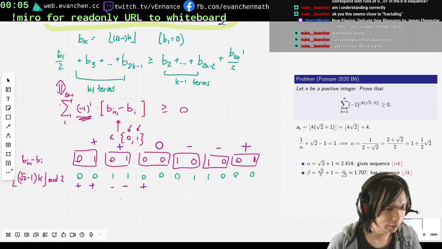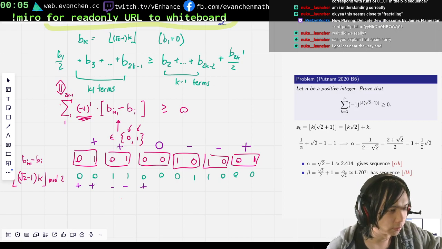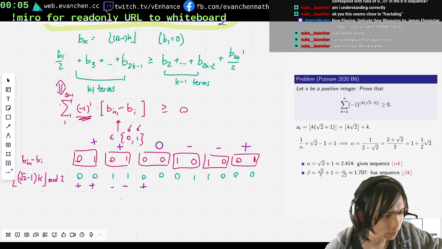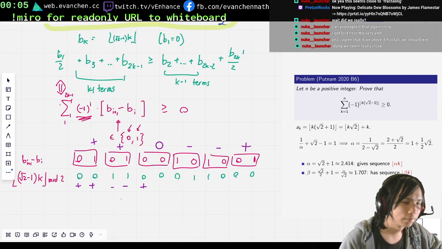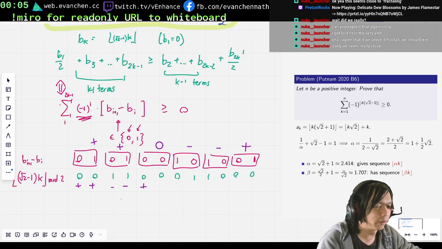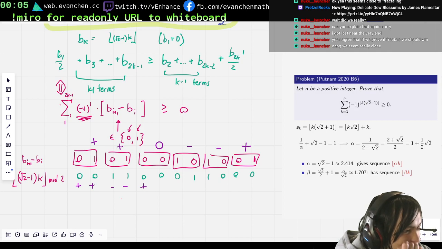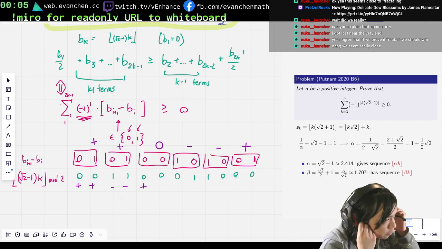I'm somehow pulling them back in, like the... I agree we're very close. I think we're almost there. Let me think this through a little bit.